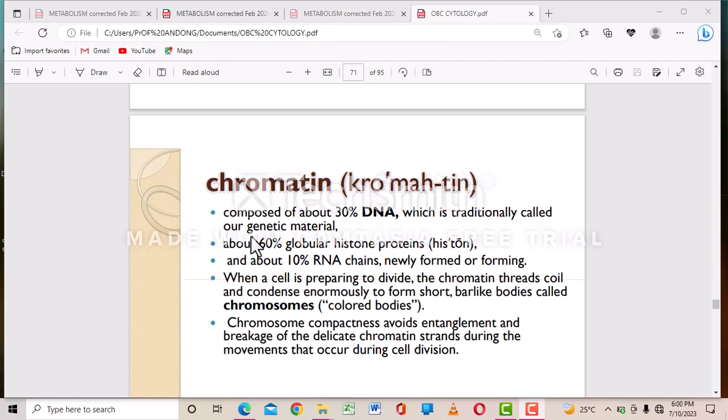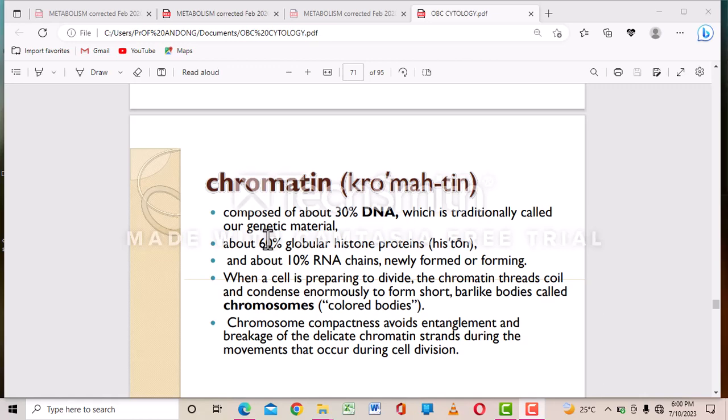That is the euchromatin, which is less condensed and open for transcription, and the heterochromatin, which is more condensed and closed for transcription. That is, that portion of the chromatin is not available for transcription.